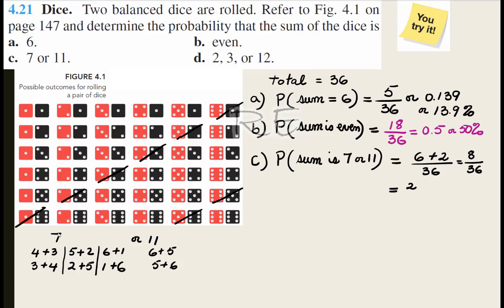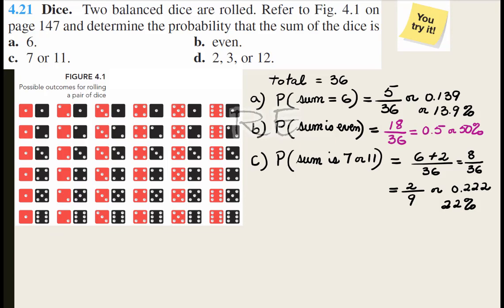Divide by 4, 2 over 9. As a percent, 2 over 9 is 0.222, 22.2%. 22% to the nearest unit.